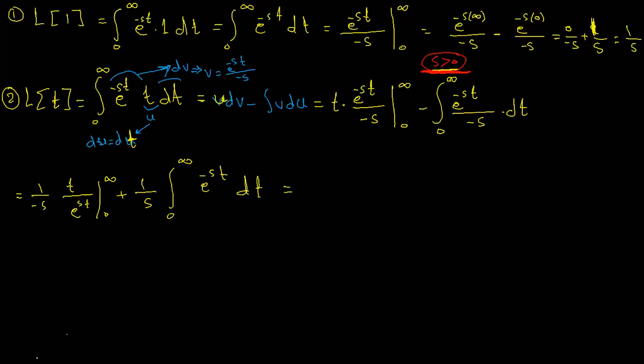Let us plug in infinity and check the limit. So negative 1 over s, infinity divided by e to the infinity, minus 0 divided by e to the 0. This is the first one, plus 1 over s. We are going to find those answers.